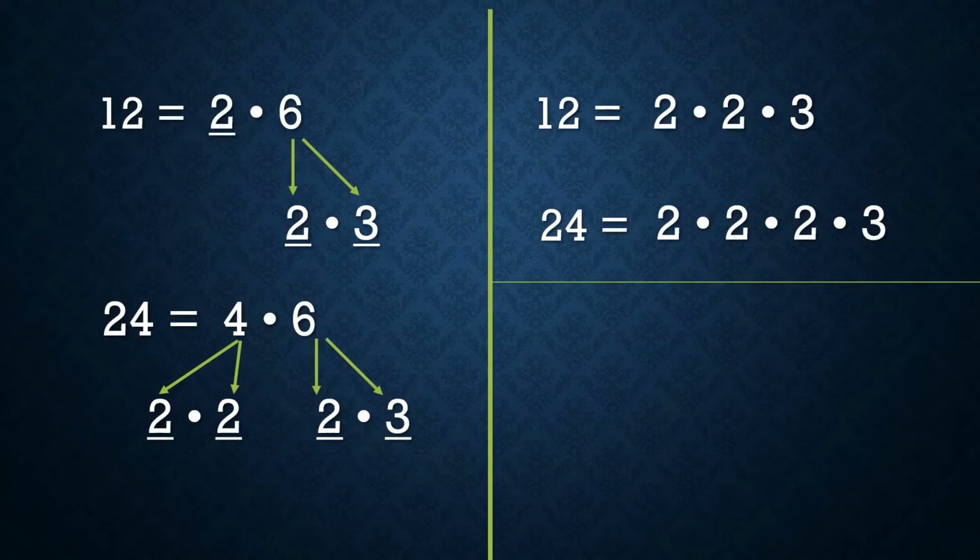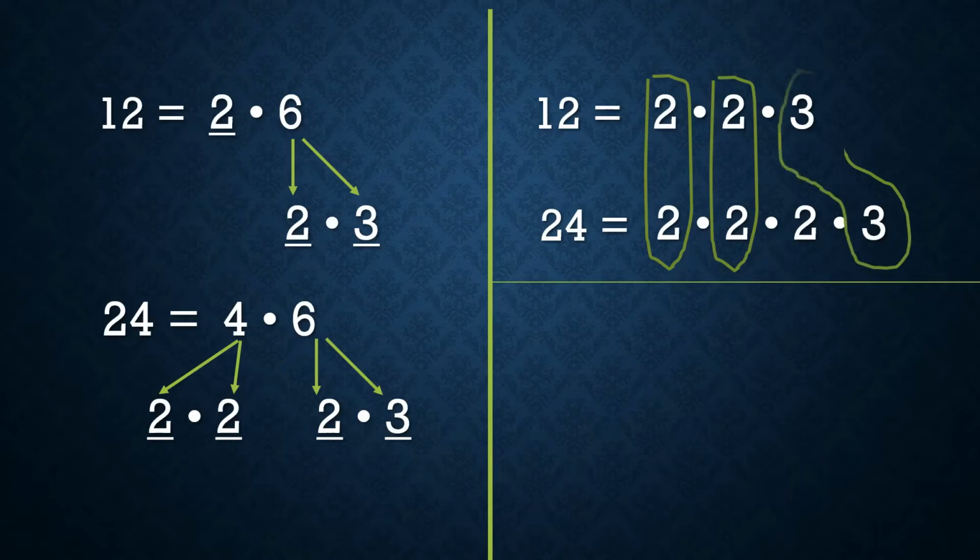So the next step is to identify the numbers which are common to them. Okay, so ano nga ba yung parehas sa kanila? So we just encircle them para naman ma-emphasize. Okay, so this one, we have 2. Visible naman siya. Okay, so we have another 2, and then 3. Okay.